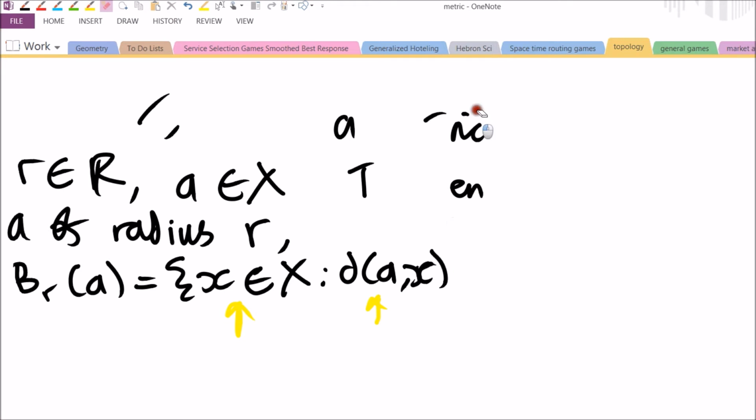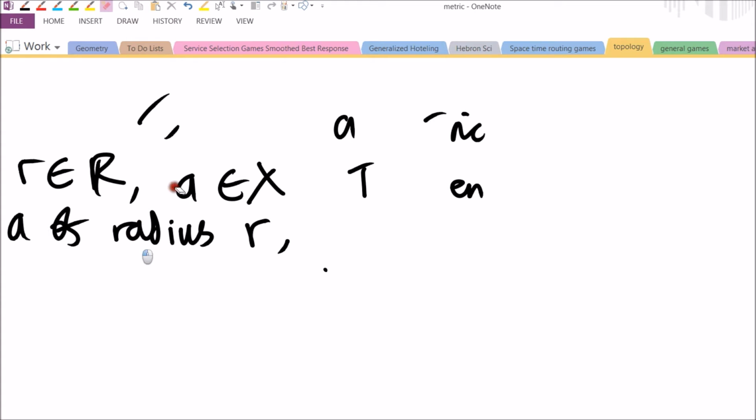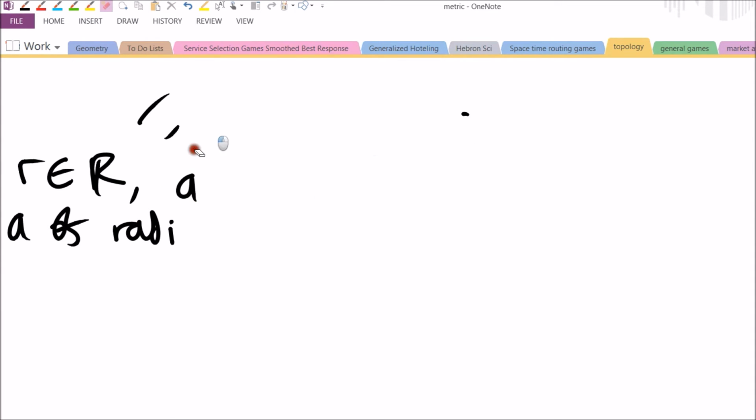So let's define some more metrics on the plane and think about what these balls look like. So this is one of my favorite metrics. It's called the taxicab or Manhattan metric.